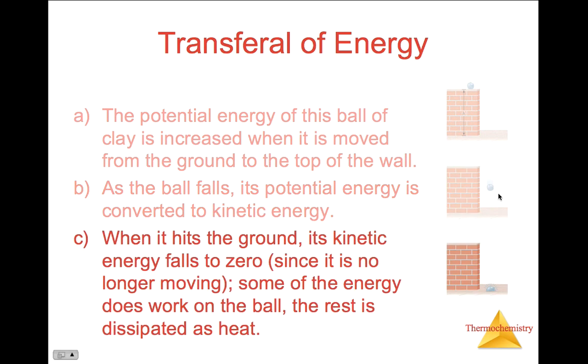And when it hits the ground, its kinetic energy goes to zero, since it's no longer moving. Some of the energy does work on the ball because it squishes the ball. The rest is dissipated as heat energy. So you can see that potential energy was transferred to kinetic, which was transferred to work and also to heat. All four forms of energy were present in this picture.